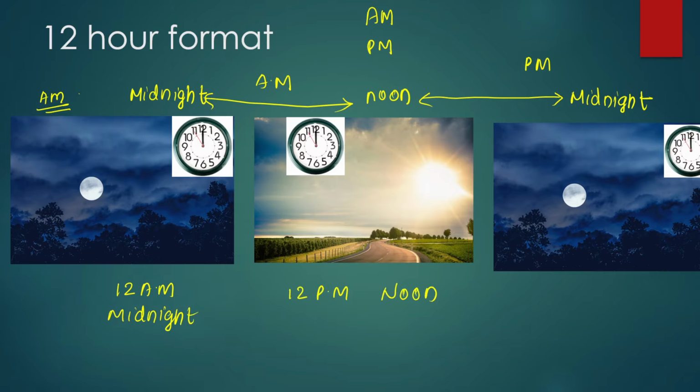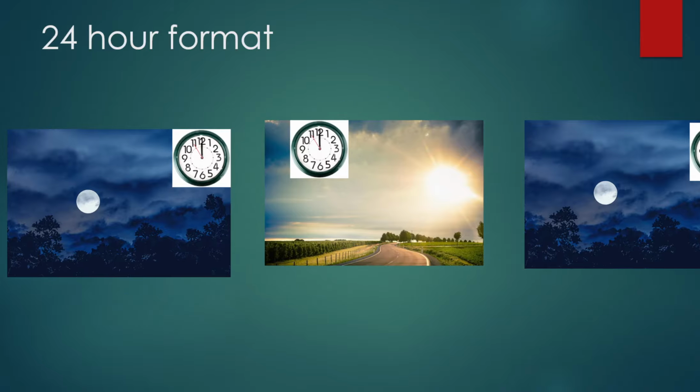So in 12-hour format, we use AM and PM: midnight to noon, we use AM, and noon to midnight, we use PM. 12 AM is midnight and 12 PM is noon.